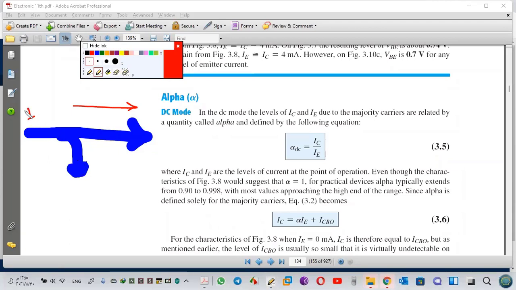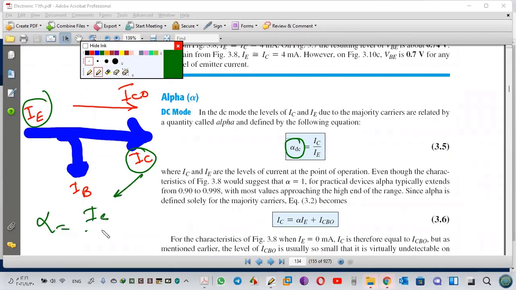So this is IE, IB, IC, and here you have ICO or IC. The ratio between IC and IE is called alpha. So alpha is IC over IE.